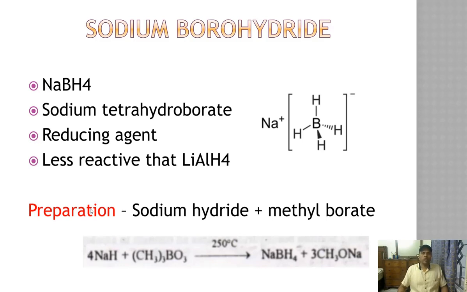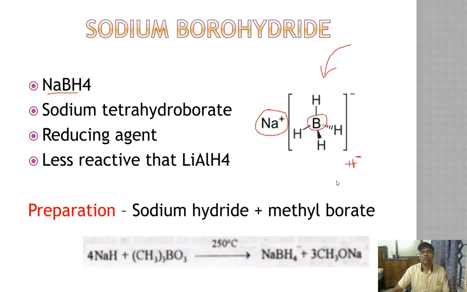First is the sodium borohydride. So this is the structure, and this is the expanded structure of sodium borohydride. It is a metal hydride. So here is the metal. Because of this metal, it is also called a metal hydride. So sodium borohydride. Here is the boron, right? You have hydrogen attached to it. These hydrogens are like hydride. This is hydride.